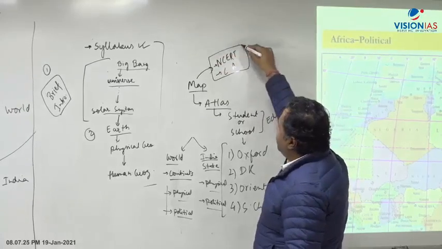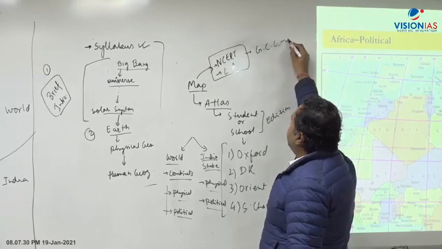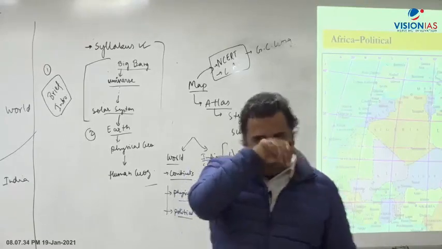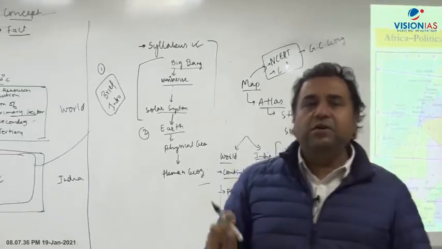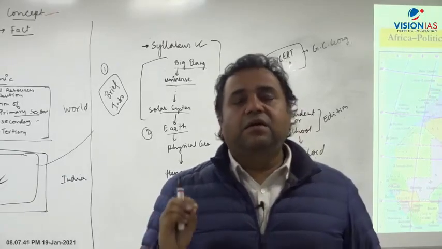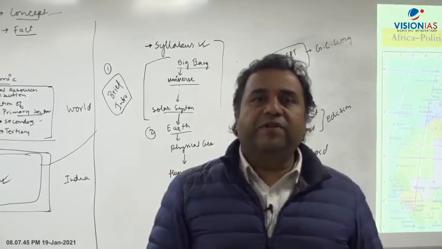Or when you read GC Leong, the ones given in GC Leong, those are the places that you should remember. If you are able to remember NCERT, GC Leong, major ones, not all, and current affairs, major ones, that is good enough.